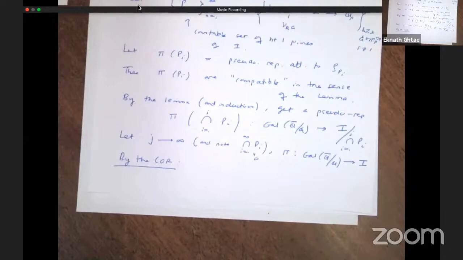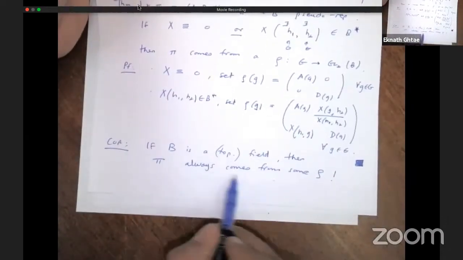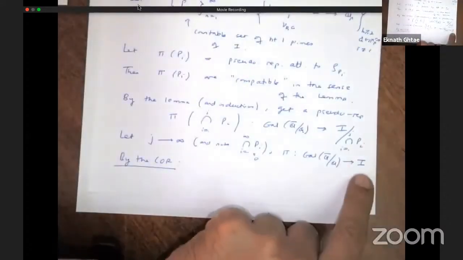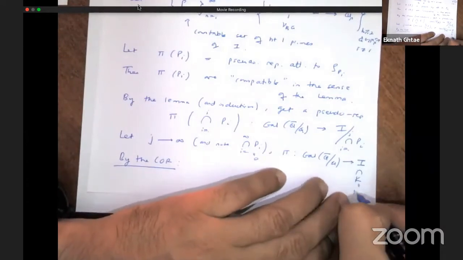It's at the bottom of page 27. If B is a topological field, then pi always comes from some rho, that corollary. Well, here we don't have a field, but I is sitting in a field. It's sitting in K or K_F, because everything depends on the lambda-adic form. The trace and determinant functions depend on the data attached to the lambda-adic form.